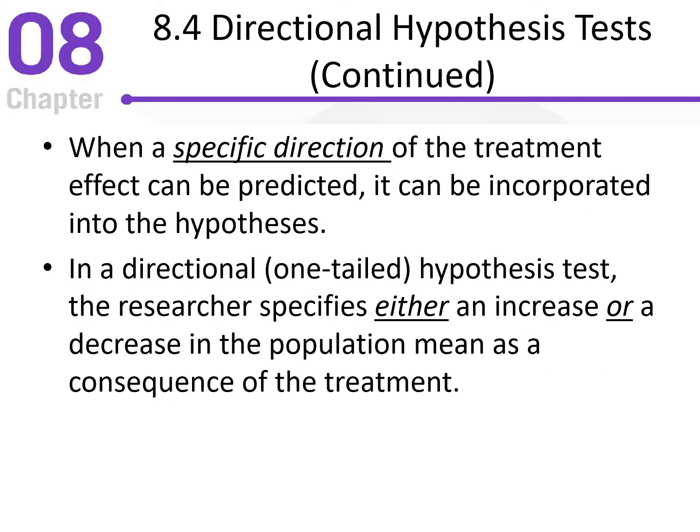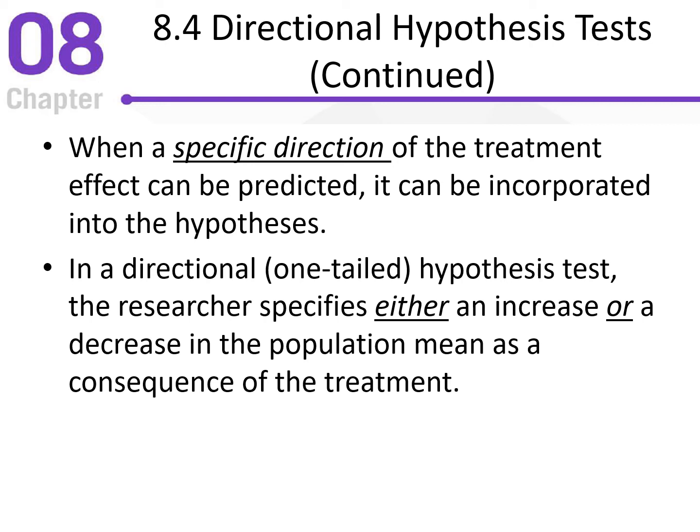So only if you have the specific direction of the treatment effect can you use the directional. And you better be 100% sure of the direction. You have to either specify an increase or a decrease in the population as a result of the treatment. There are some cases like, I've done meditation studies and I specify a directional hypothesis because I expect that meditation will decrease anxiety. That's my hypothesis.